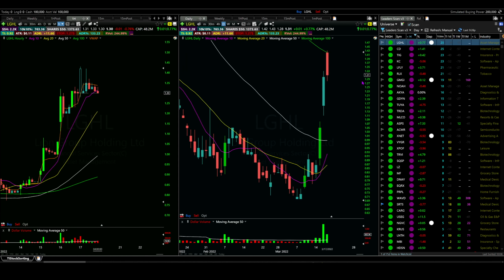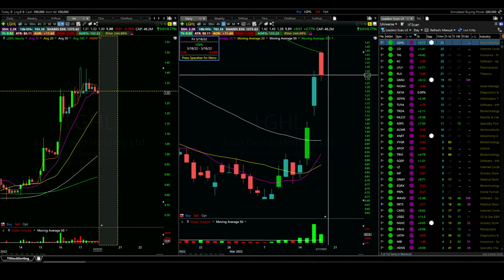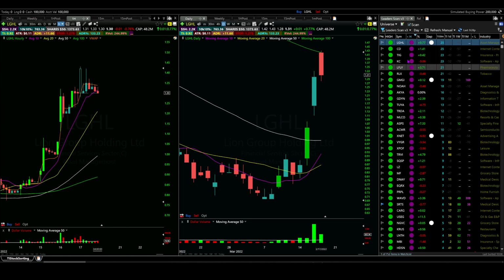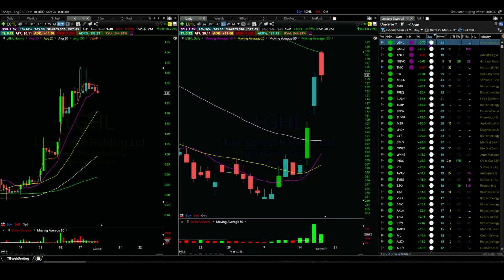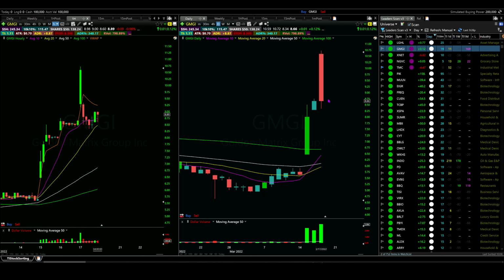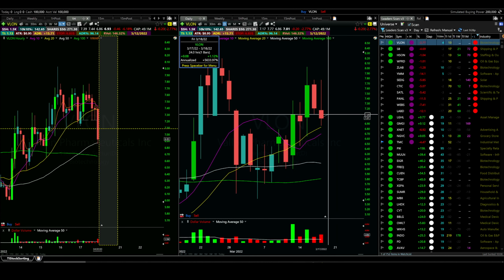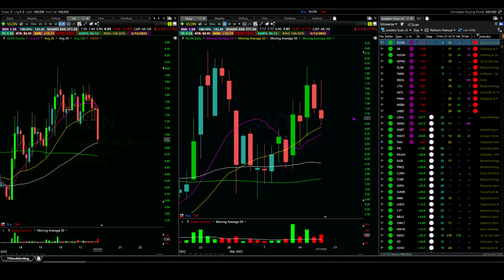If I click on this, you can see how it's closing below its previous high. Then I have a gap, which means it's gapped up today. And then I have less than low, which means it's closing lower than the last low. And then I have the industry here.